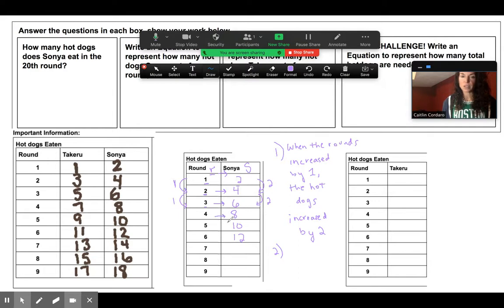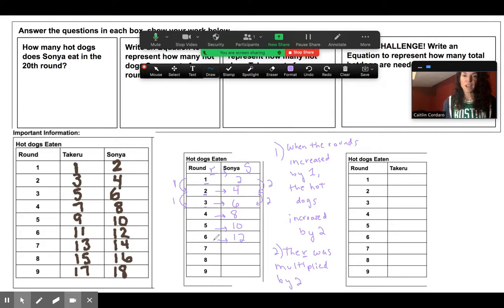In this example, the round, the R, was multiplied by 2 every time.